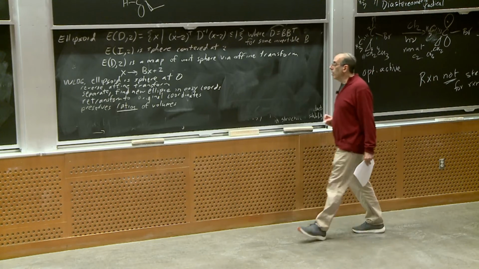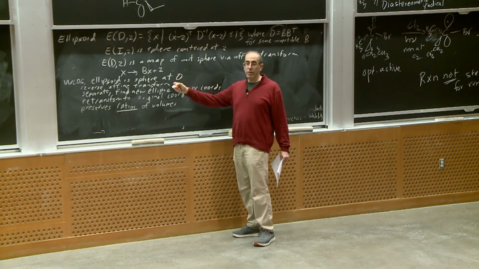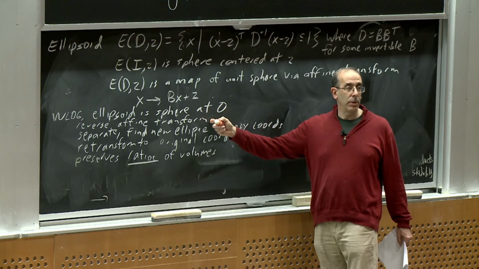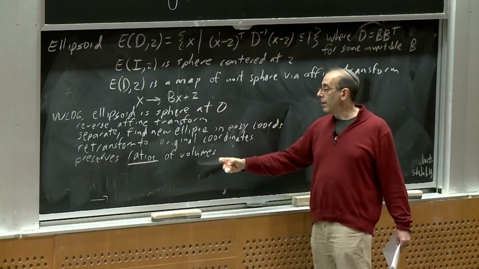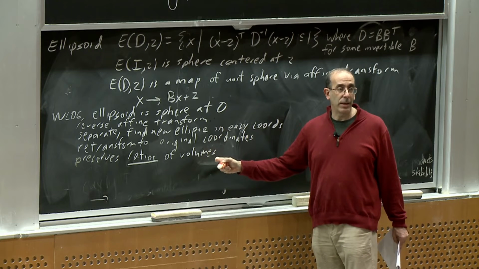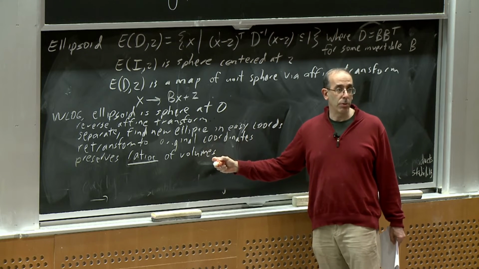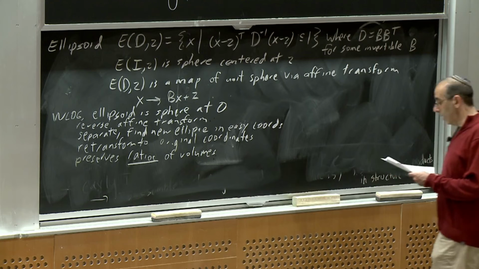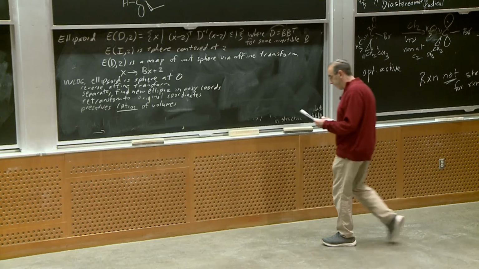So if we make an ellipsoid whose volume is less in the easy coordinate system by a certain ratio, then it will also be less by that same ratio in the new coordinate system, okay? So this lets me do everything in the easy coordinate system.